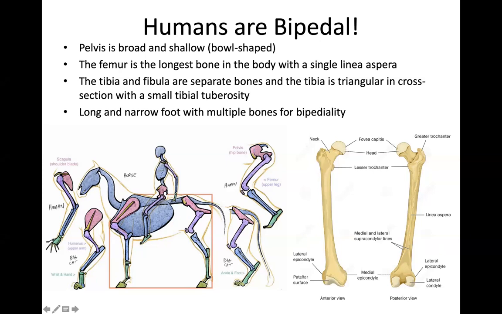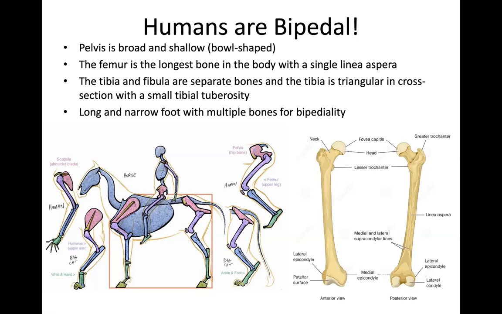Not all mammals, but a lot of mammals, for extra support, those two bones are fused together at either the top and or the bottom for extra support. And our tibia in cross section, which is the bigger of the lower two legs, is triangular in cross section, whereas theirs tends to be more flat or rounded. And that triangular morphology, much like a three-legged stool, gives us added support.